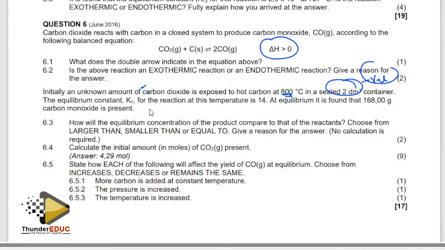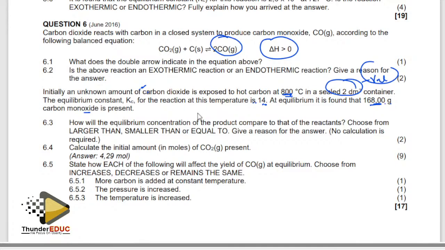Then they are saying that the constant for the reaction at this temperature is 14. It's not a big deal. At equilibrium, it was found to be 180 grams of carbon monoxide. At equilibrium, you understand?